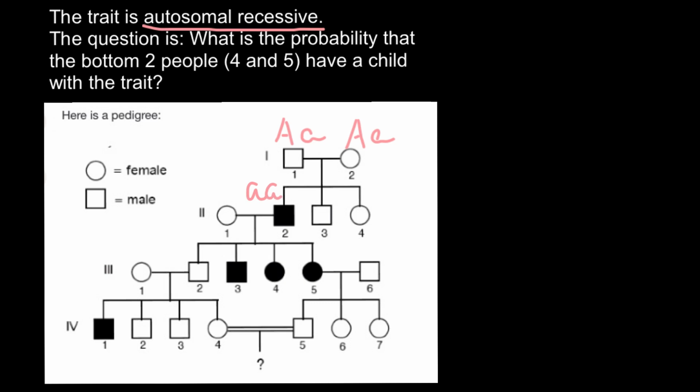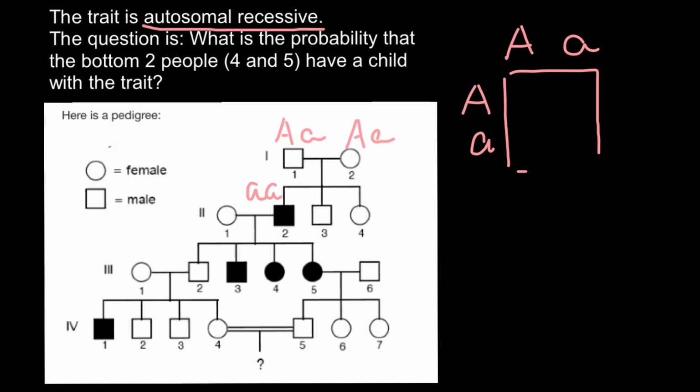And when two parents are both heterozygous, the probability that they would have affected progeny is this: here we would have phenotypically and genotypically normal progeny.